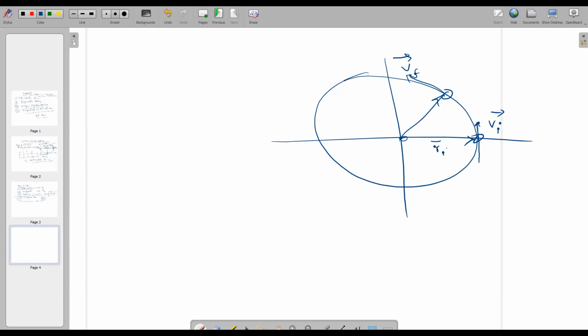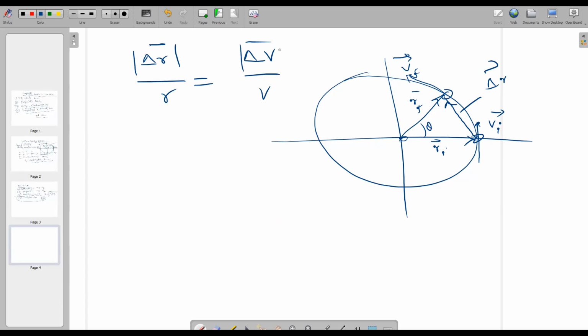If this is Ri and this is Rf and the angle is theta, you can draw a line of shortest distance. This is the displacement, and this will be delta R. So delta R over R is equal to delta V over V.